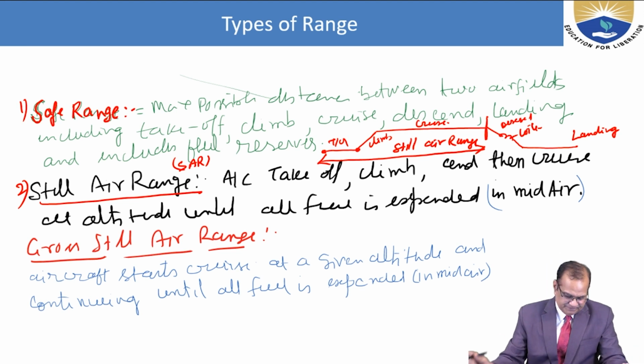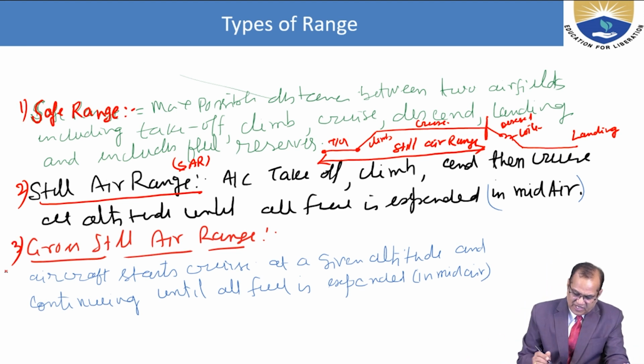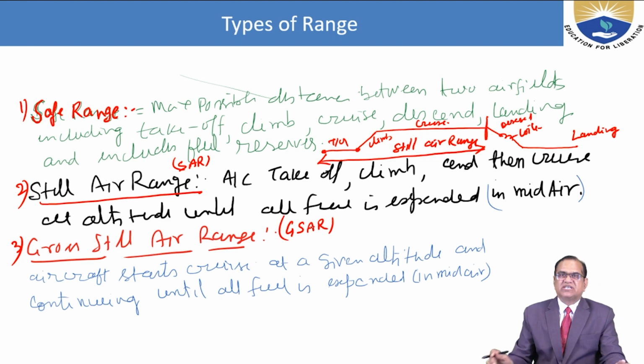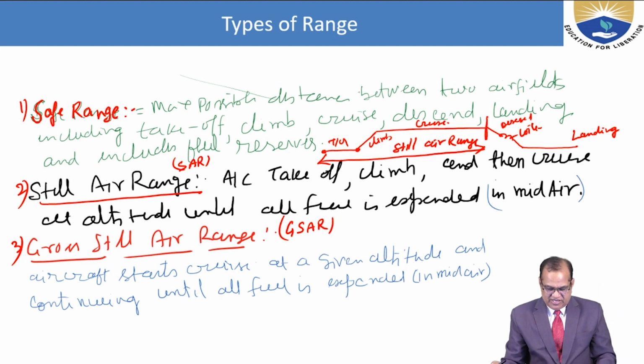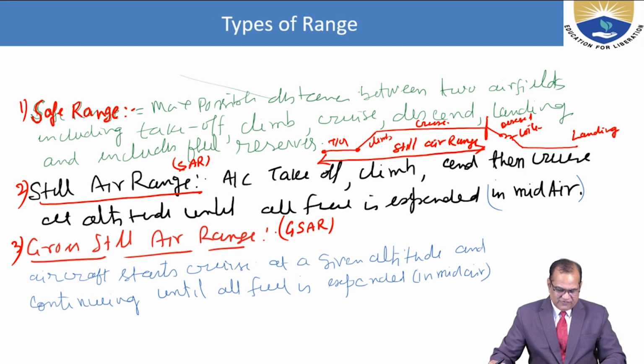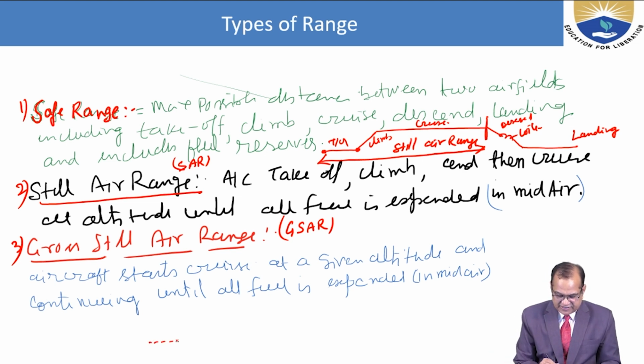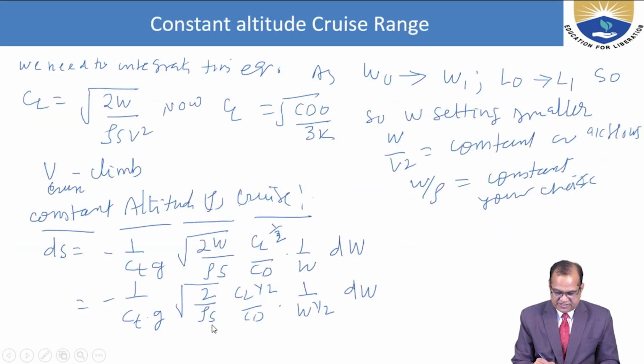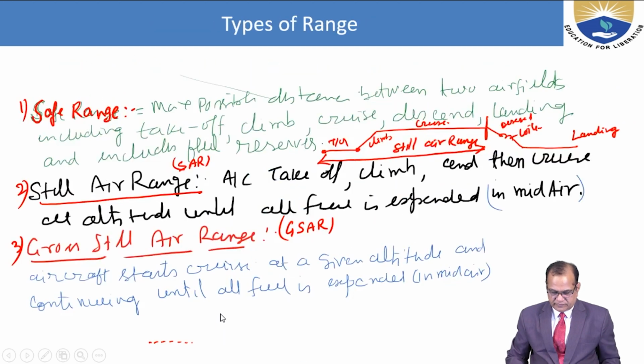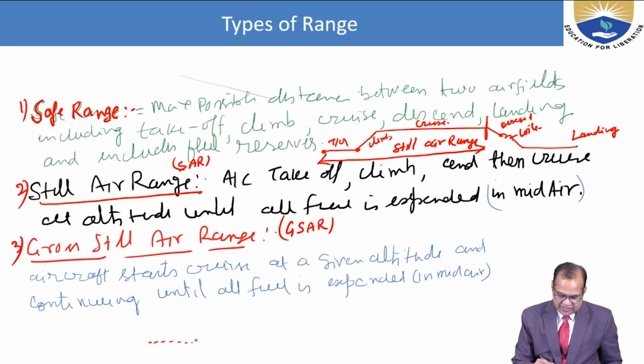The third one is GSAR, gross still air range. The aircraft starts cruise at a given altitude and continuously all the fuel is expended. So this part is not there; up to here is the climb, but from here it will start.